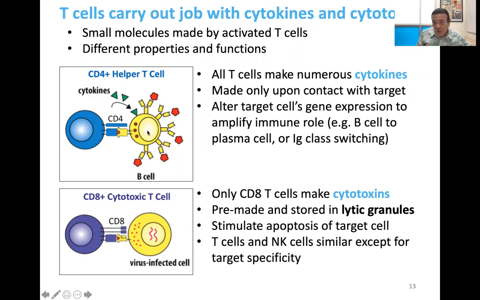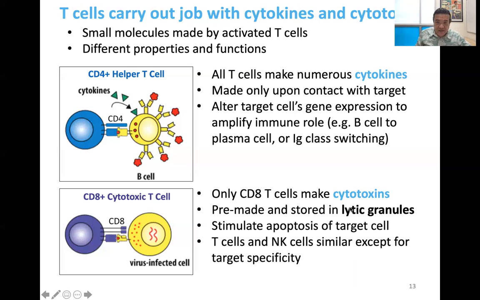It has to wait until it actually binds to a B cell, and then it'll start releasing things like these green triangles, because that's the right language of cytokines that a B cell will understand. And that will tell the B cell, hey, I'm here to help you. I want you to go ahead and start activating, dividing. Maybe some of you turn into plasma cells, or some of you switch the type of immunoglobulins you're making from IgM to, let's say, IgE.